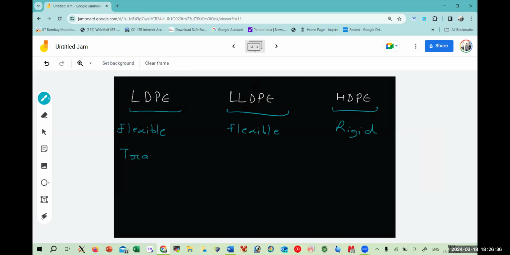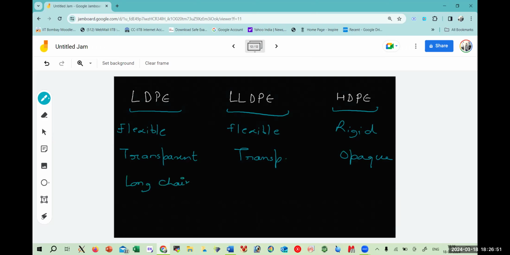This is transparent. It is also transparent. This is opaque. Here it is having long chain with small branches. It is having branches on main chain, and this has no branching.